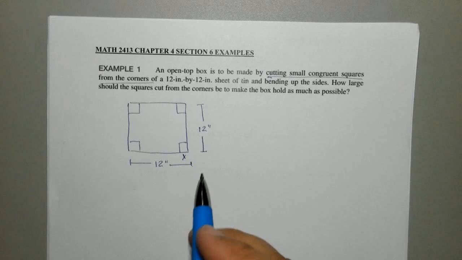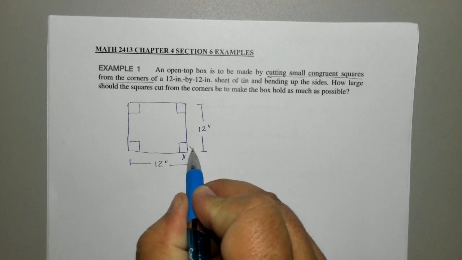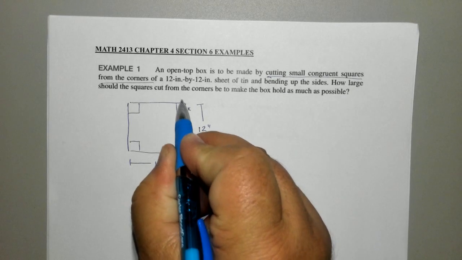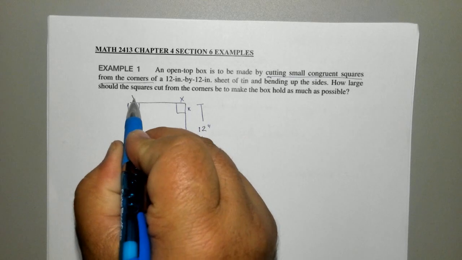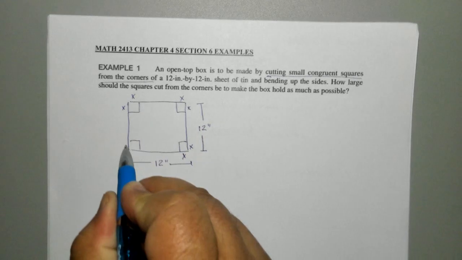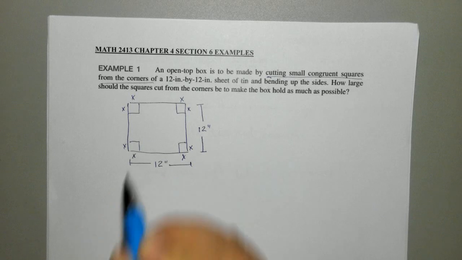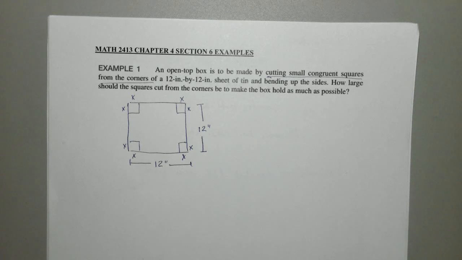Because it does two things. It tells us how big of a corner we cut out. And what's the second thing it tells us? What's X going to tell us once we find it? The depth of the box. Because we have to fold up the sides, so that X amount will be the height of the box.